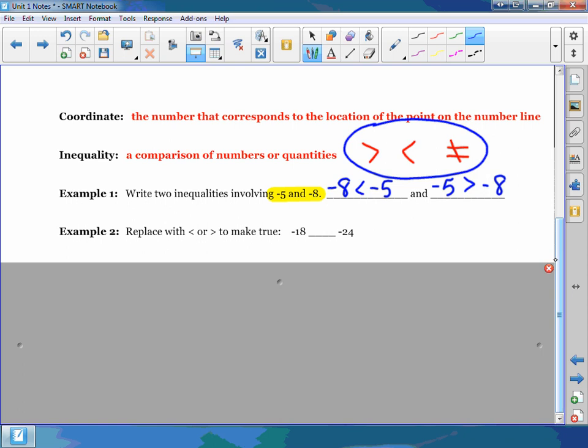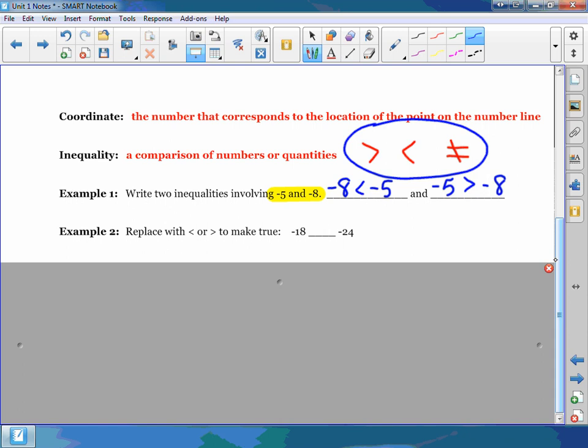So here's another inequality statement. -18 compared to -24. What you could simply ask yourself is, which number is more to the right, or which number is more to the left? It depends on how you want to look at it. I'm going to look at it more from the negative standpoint. Which number is furthest to the left?